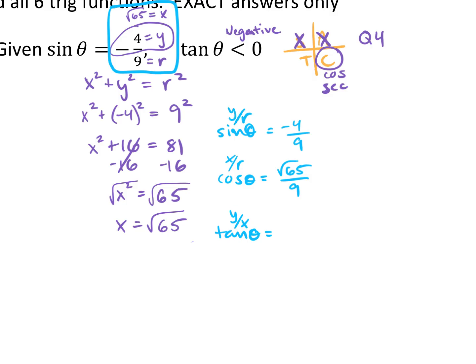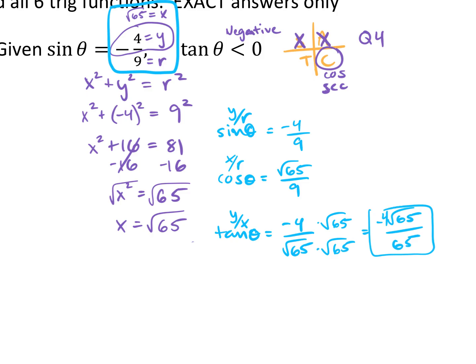So y over x would be negative 4 over square root 65. Can I leave a square root in the denominator? No, we have to rationalize. So we get negative 4 square root 65 over 65. Can we simplify any more? No. So that would be our tangent.